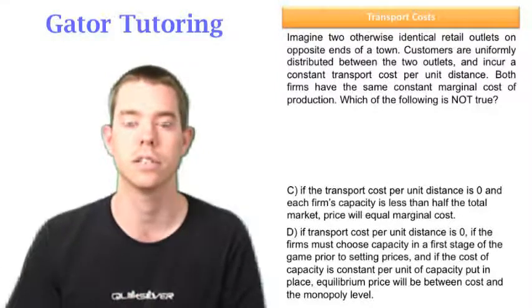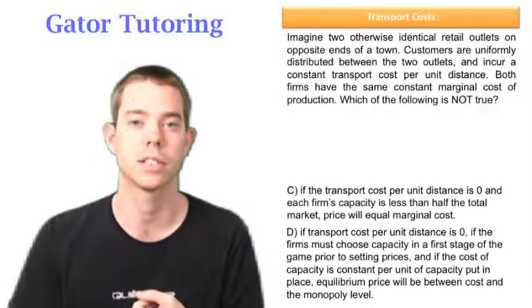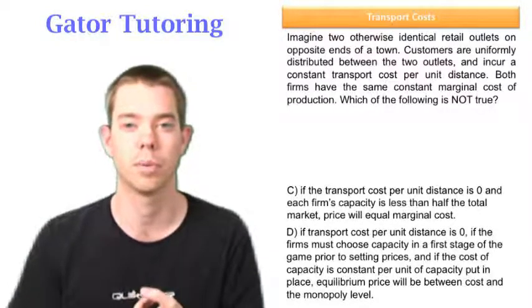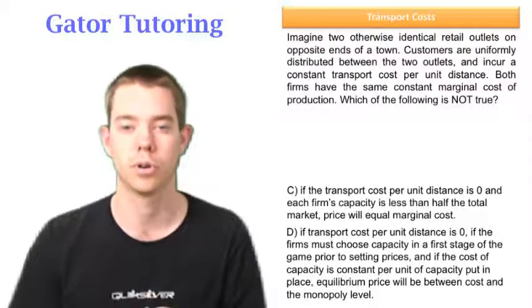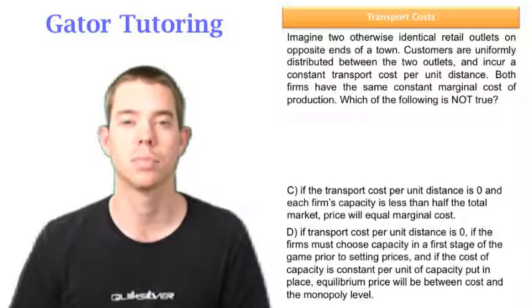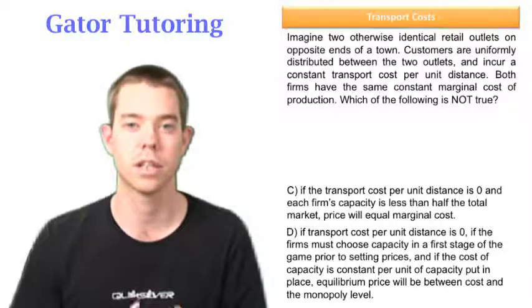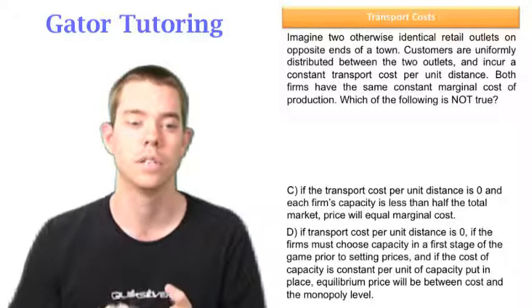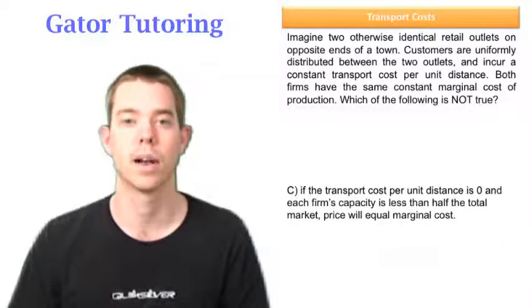If there's a two-stage game where in the first stage you pick capacity and in the second stage you compete on prices, then price will be between the monopoly level and the per unit cost. It's kind of hard to understand. Some of these are better to memorize, and that's one of them. So D we know is true, therefore we're left with C as our right answer in this case.